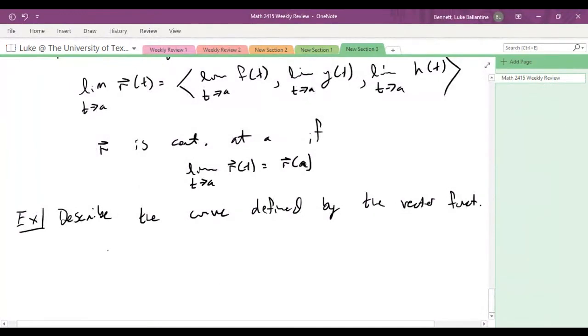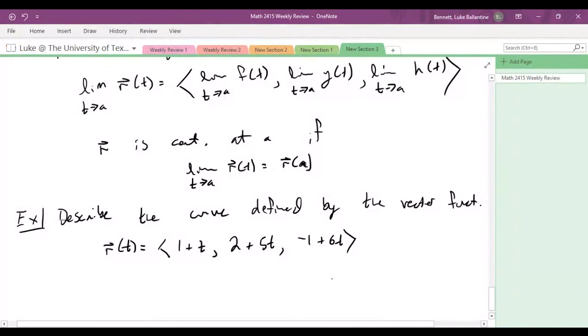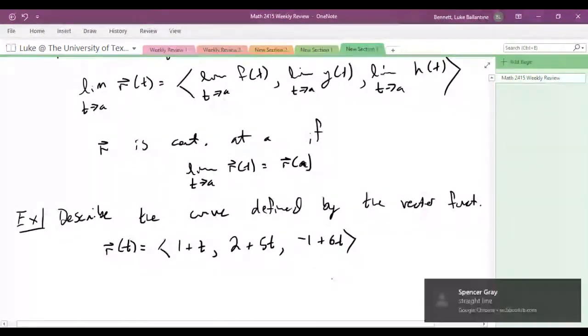We have r of t, drum roll, 1 plus t, 2 plus 5t, negative 1 plus 6t. What is this? How would you describe this curve? Someone describe this curve to me. It's a straight line. See, we've done this before.